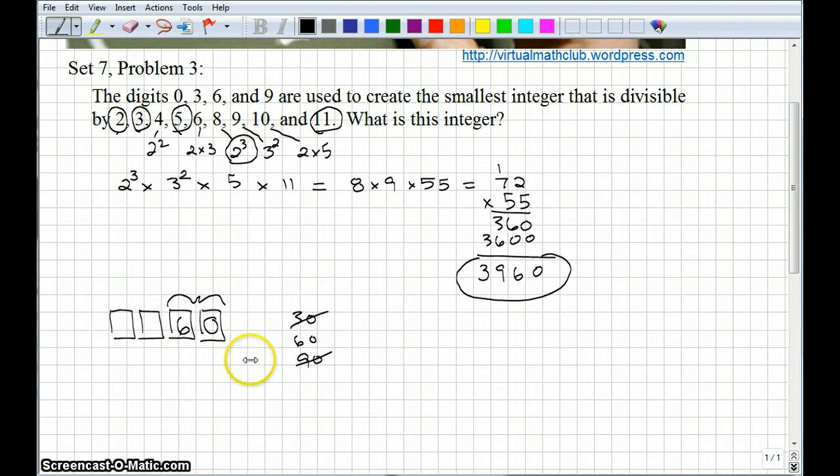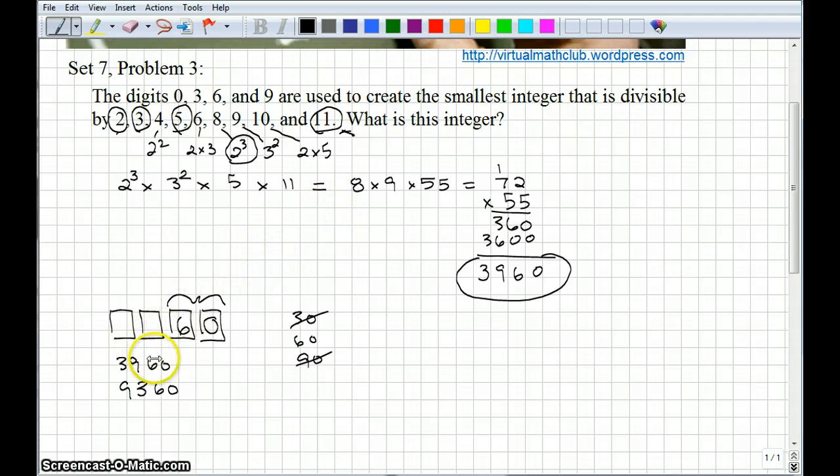All right, we're getting closer. So now we've got to narrow down actually to two options. We can either have 3960 or 9360, right? So let's take a look at the divisibility by 11 here.